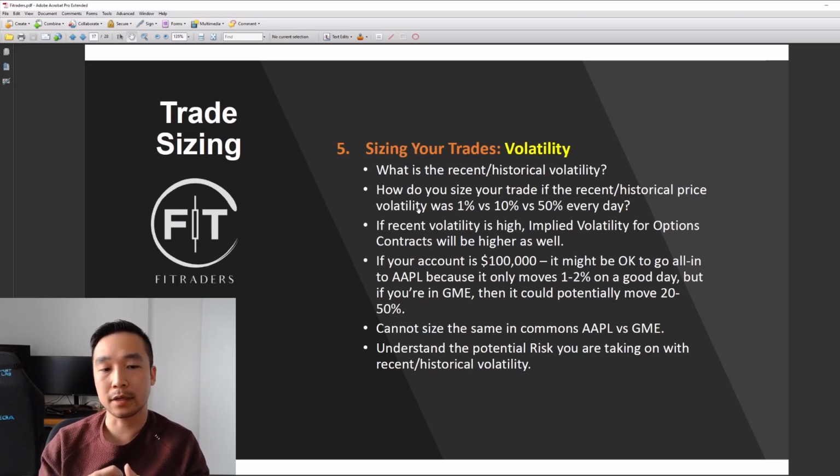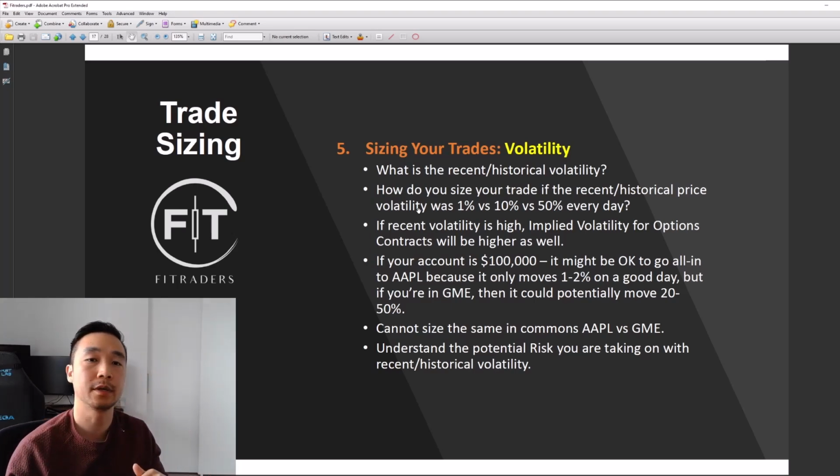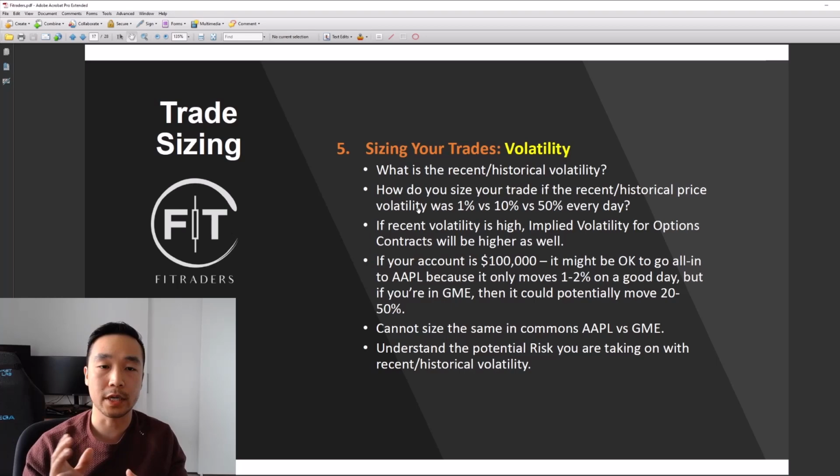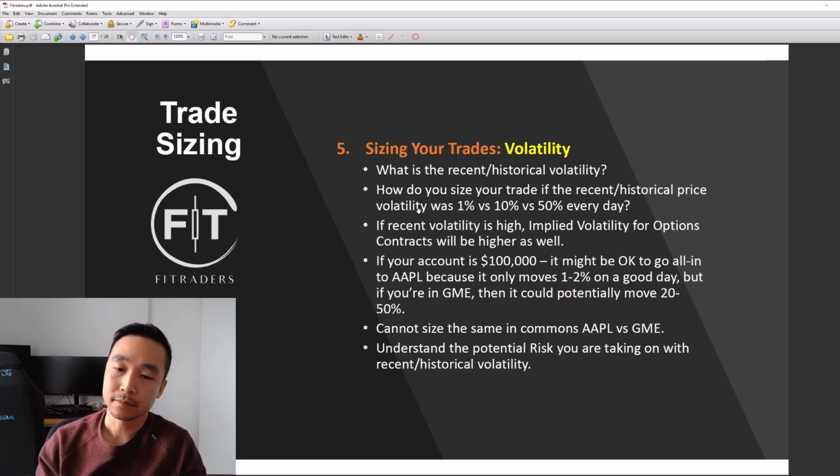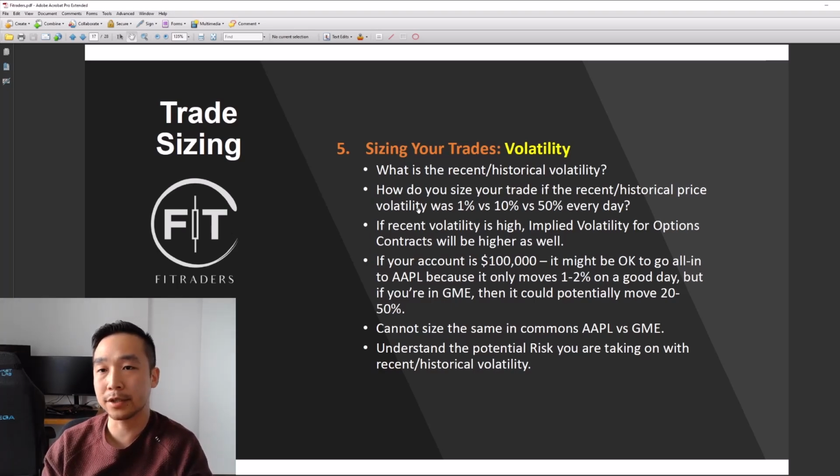Because even if the underlying stock moves the direction you think it's going to move in, it might not be enough or fast enough for your options to be profitable. So you've got to take that into consideration in sizing your trade. With options, you might not make any money off a certain move. With commons, you will, because once the underlying moves, you'll either be in the red or in the green.